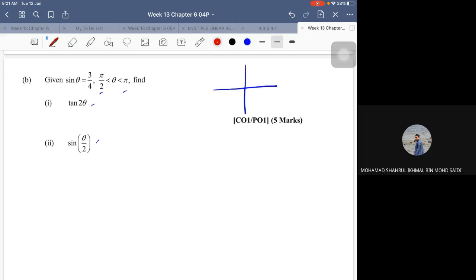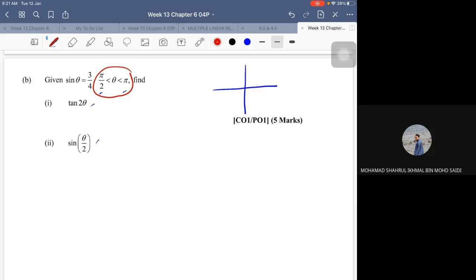Okay, sekarang kalau dia adalah antara pi per 2 dengan pi, dia dalam kuadran mana? Kuadran 1, 2, 3, 4. Okay, Nurul Izzah said dalam kuadran yang ketiga. No Izzah, so dia dalam kuadran yang kedua.